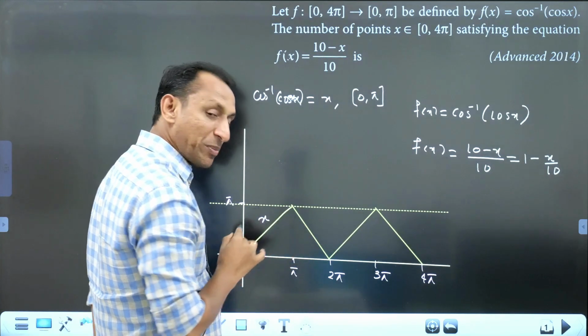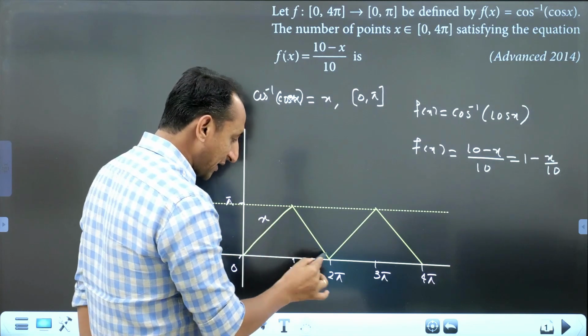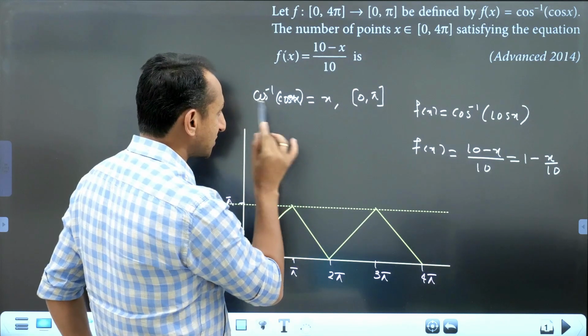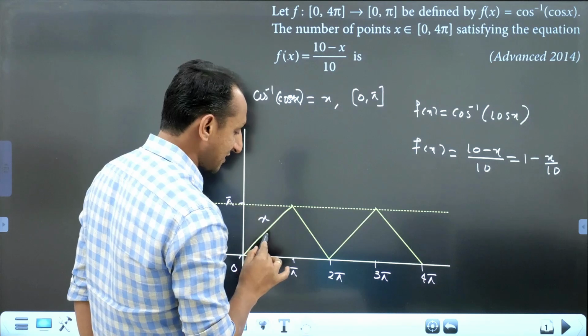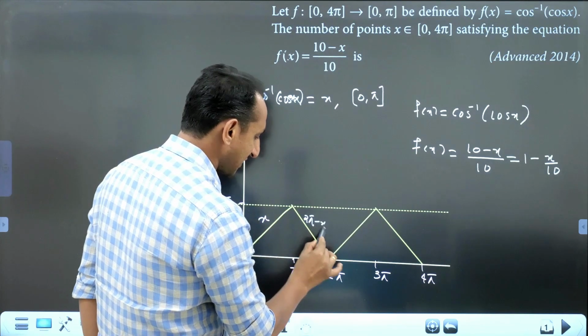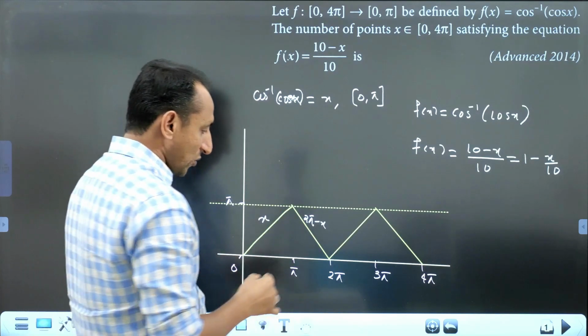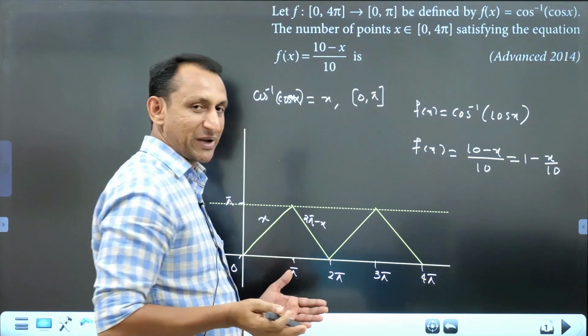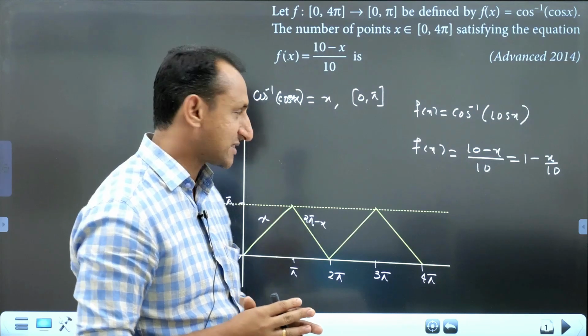From pi to 2 pi, cos inverse of cos x is what? 2 pi minus x. From 2 pi to 3 pi, what is cos inverse of cos x?